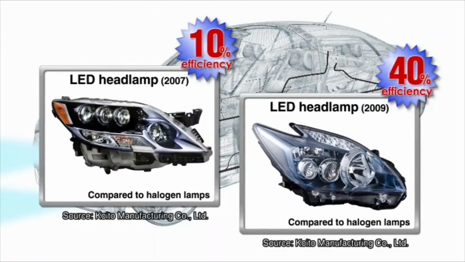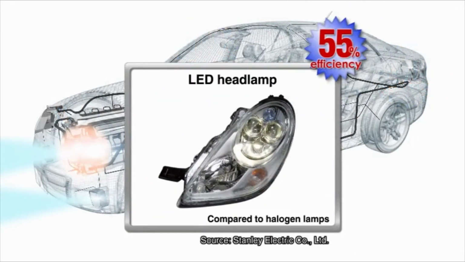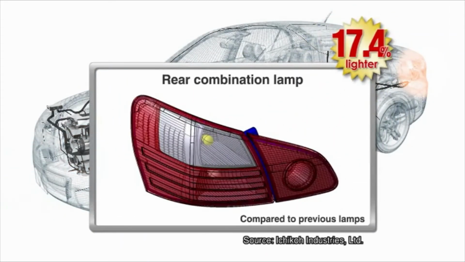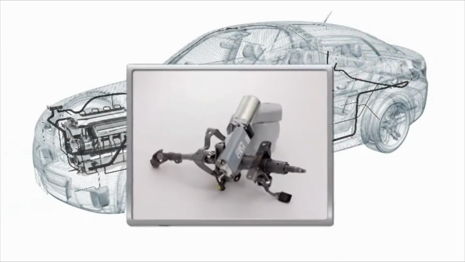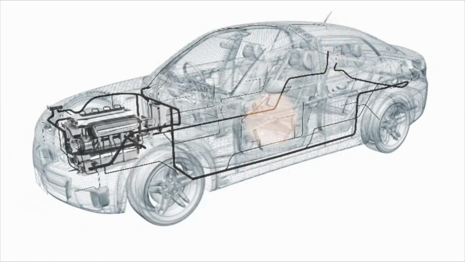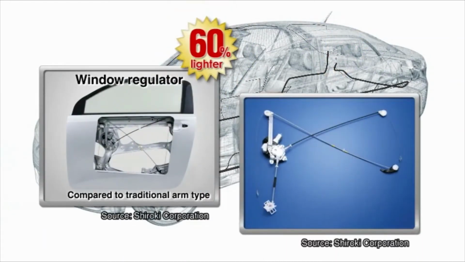Headlamps and other electronic parts are miniaturized and consolidated for weight reduction, and LEDs have become more prevalent due to their efficiency and longevity. Motors and other electronic components have also shed much of their bulk and weight through creative design modifications, including the window regulators that move the glass up and down.